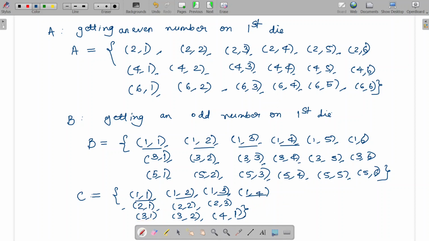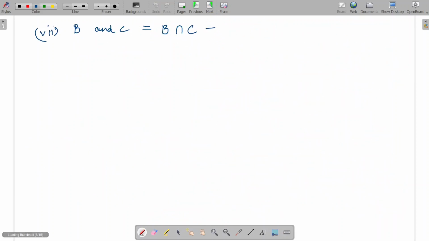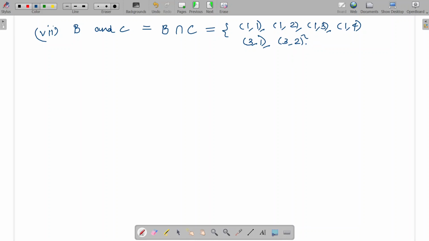Then 3 comma 1, 3 comma 2. Okay, so let us write 1 comma 1, 1 comma 2, 1 comma 3, 1 comma 4, then 3 comma 1, 3 comma 2. Okay, these are the elements which are common between both B and C.